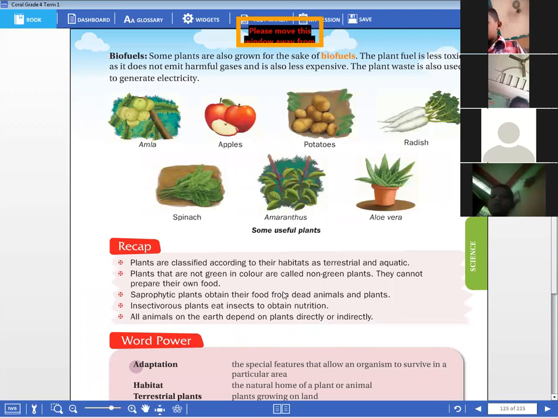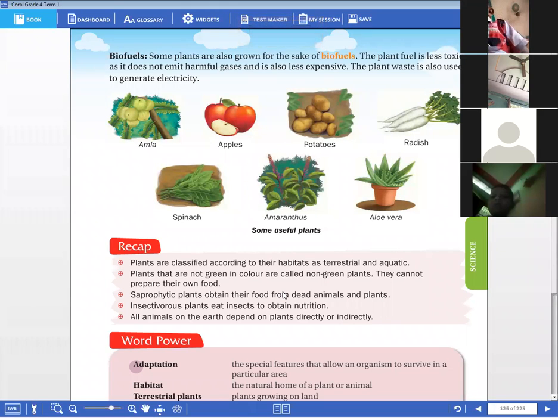Biofuels. Sake. Sake means purpose. Toxic. Toxic means poisonous.